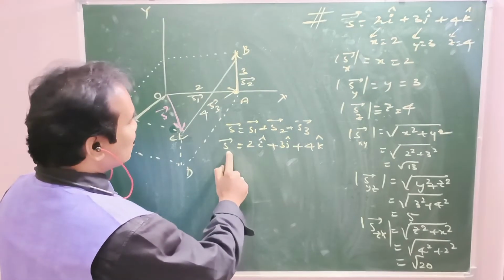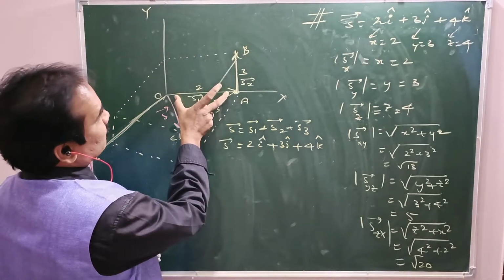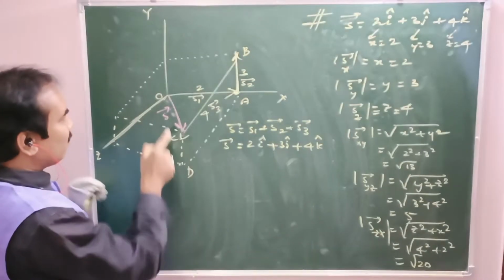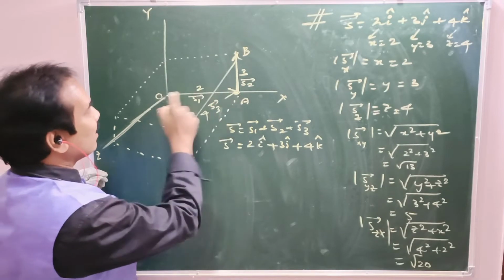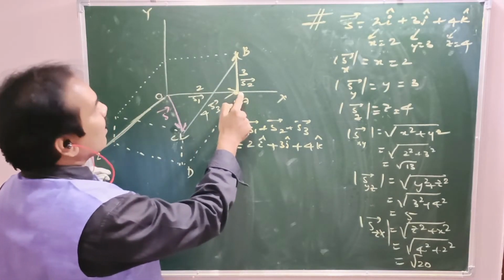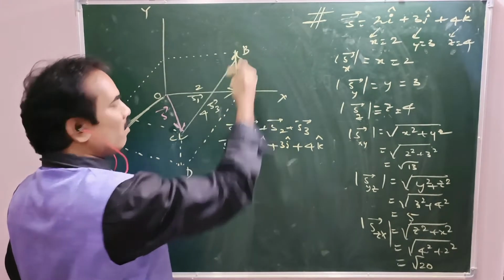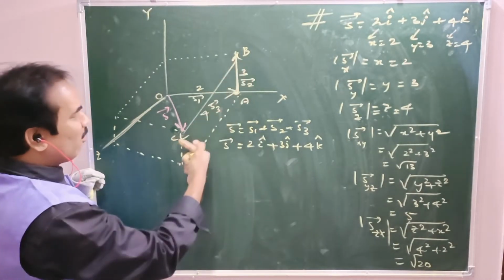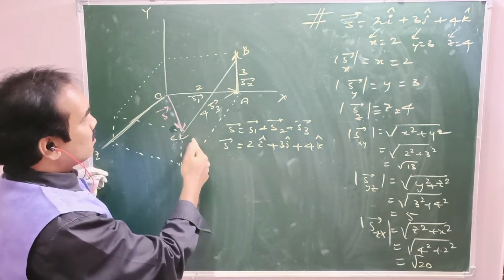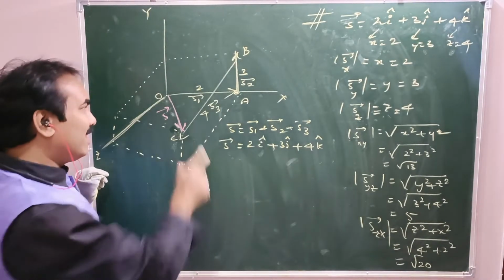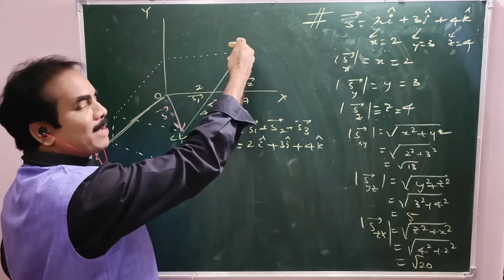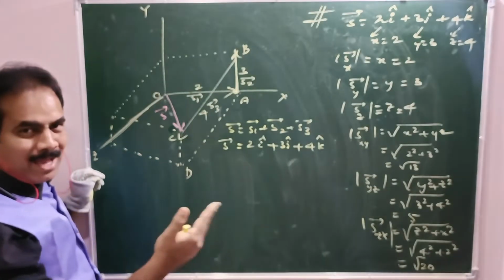Here S bar has 2 meters along X axis, 3 meters parallel to Y axis and 4 meters parallel to Z axis. So the given vector S bar has different lengths in different directions.